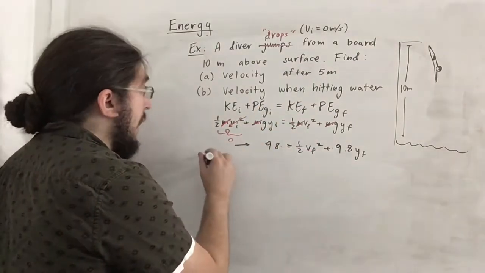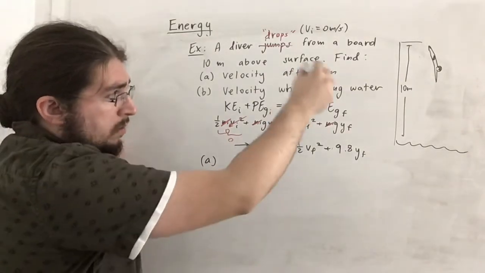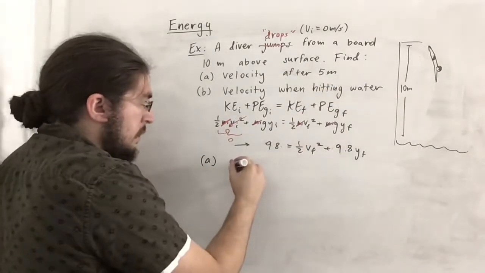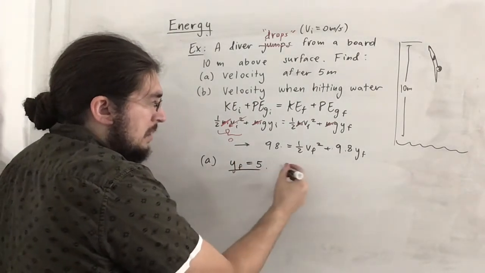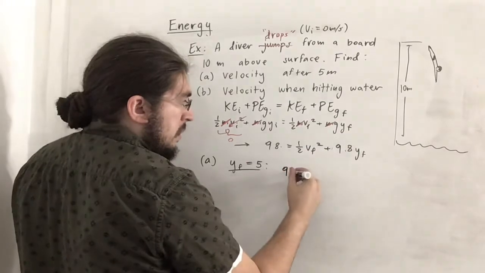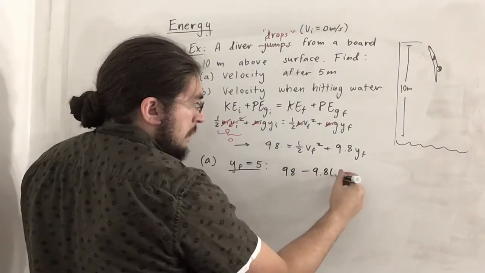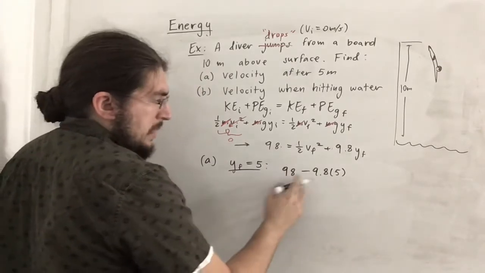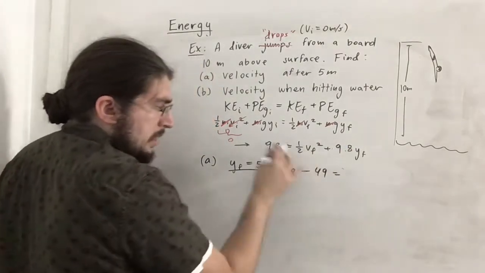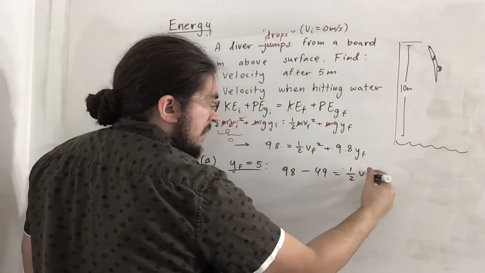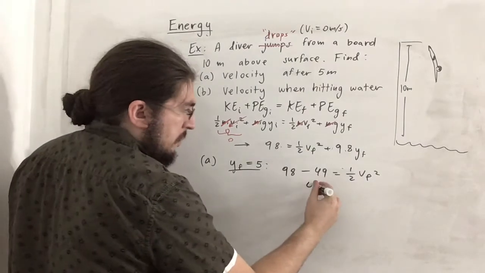Now for part A, we're trying to find the velocity after 5 meters, so yf is equal to 5. In that case, we can solve for vf. We get 98 minus 9.8 times 5, which is basically half of 98, so that ends up being 49. Subtracting that to the other side, we get 1/2 vf squared equals 49.